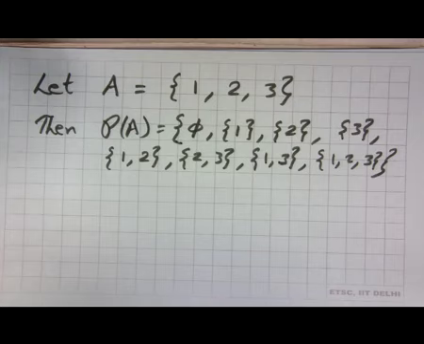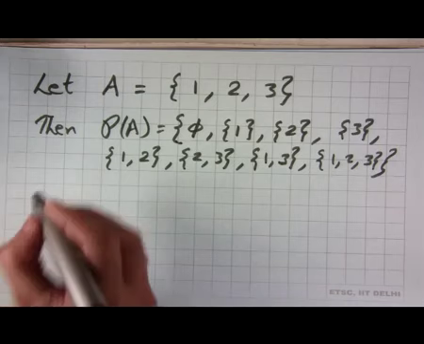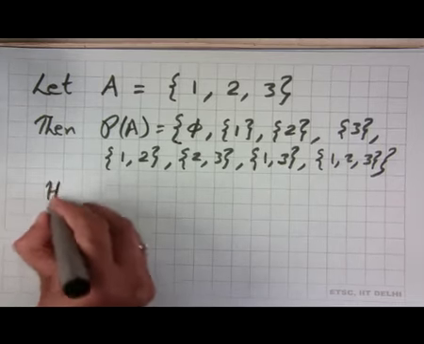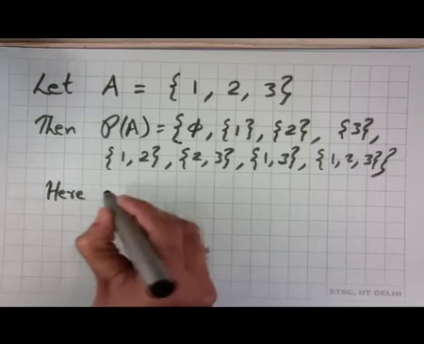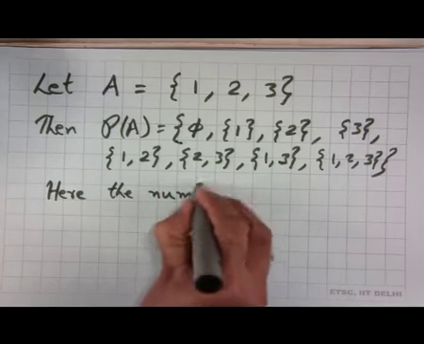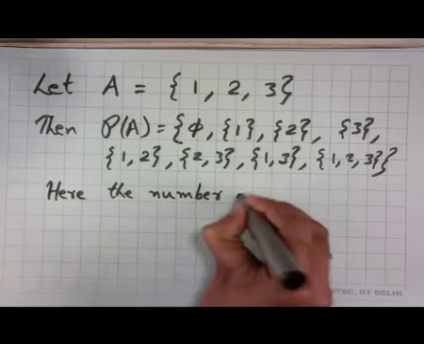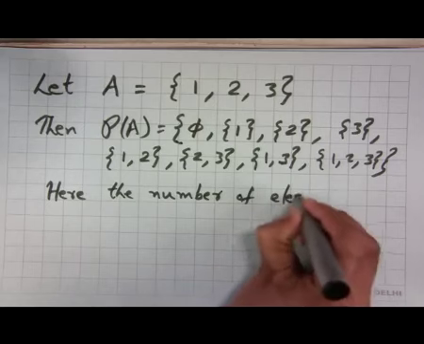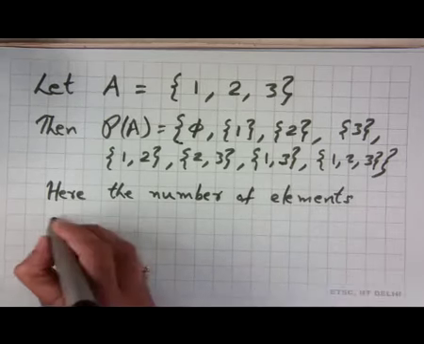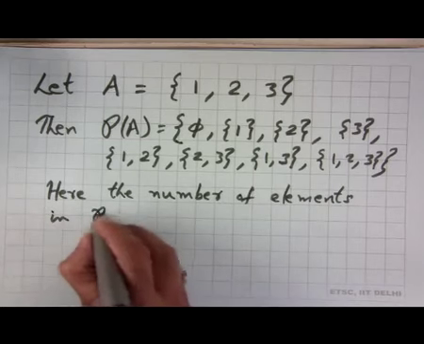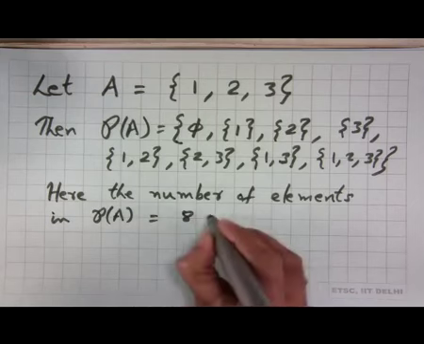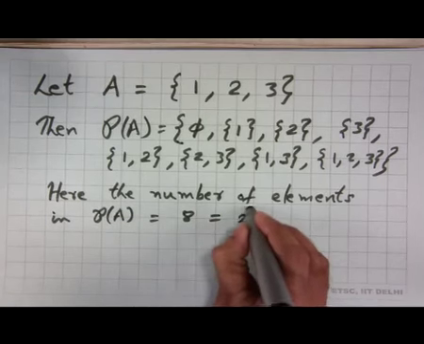Now, if you count how many elements are there here, the number of elements in the power set is equal to 8, which is equal to 2 cube.